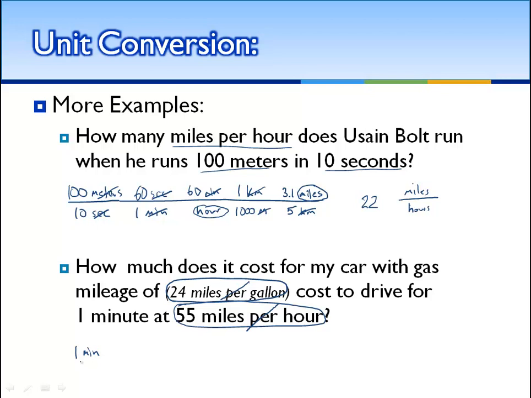So to do that, let's do 60 minutes in an hour. Notice I wrote the minutes down below to cancel out with minutes here. Now I can write the fraction 55 miles on top and 1 hour on the bottom, and the hours will cancel.